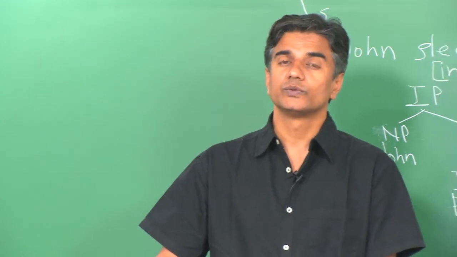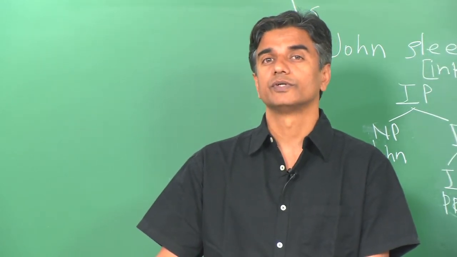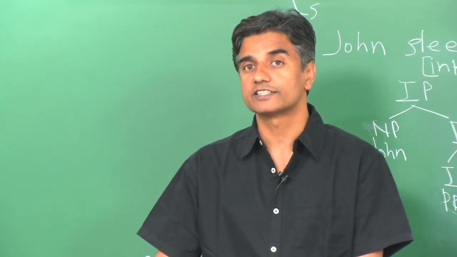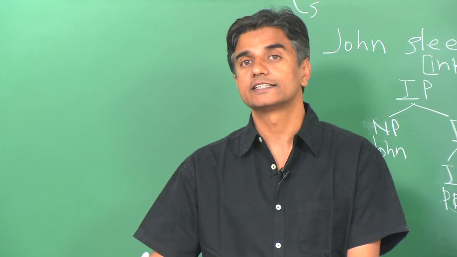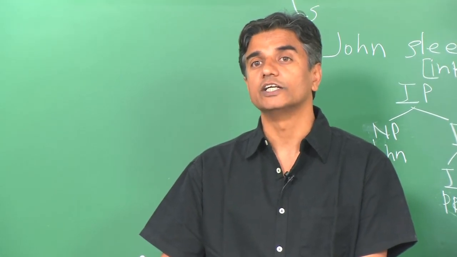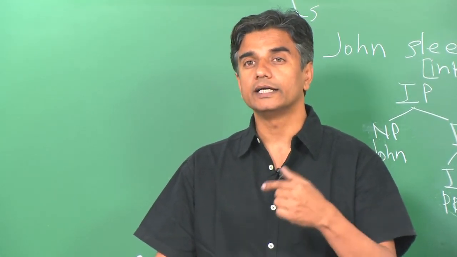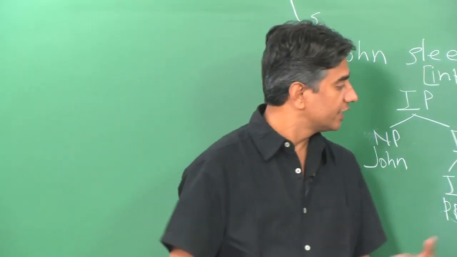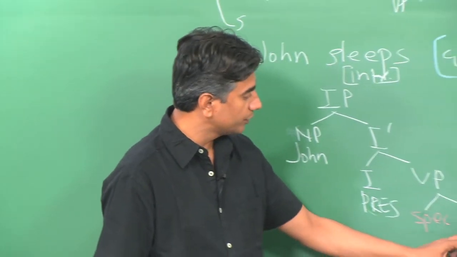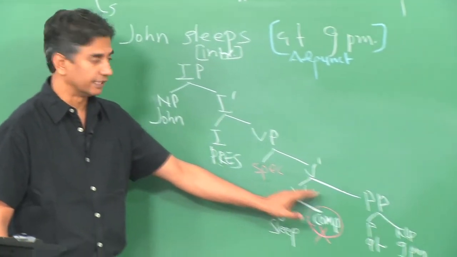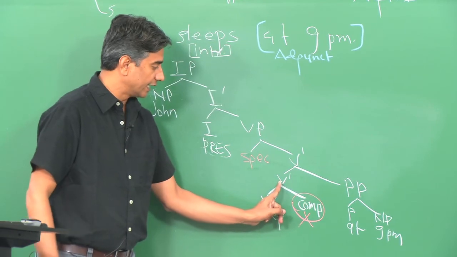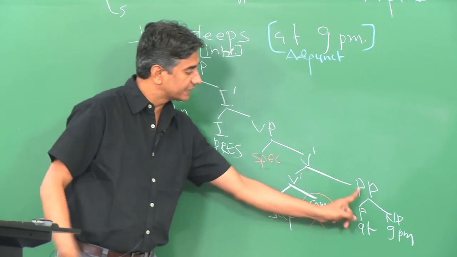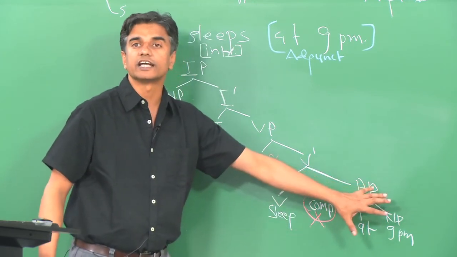Since there is no limit on the number of adjuncts possible in a sentence, which also helps us understand in turn why a sentence can be infinitely long, the notion of adjunction, that is creation of a space through the process of adjunction, like this, we are adjoining another intermediate category and creating a branch to represent adjuncts.